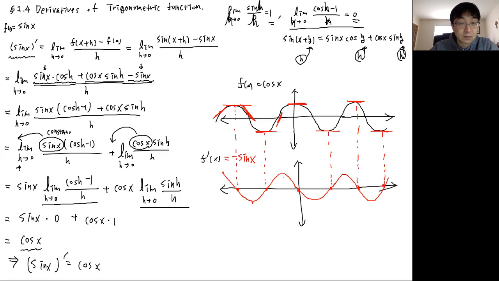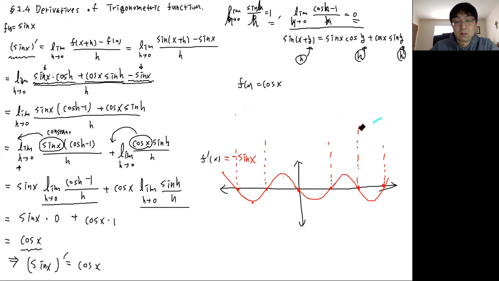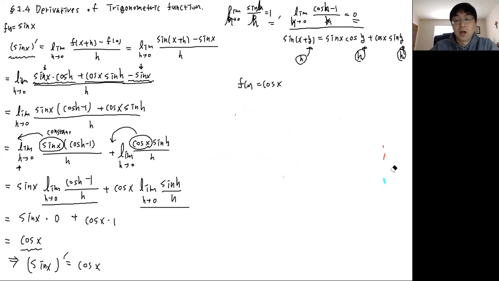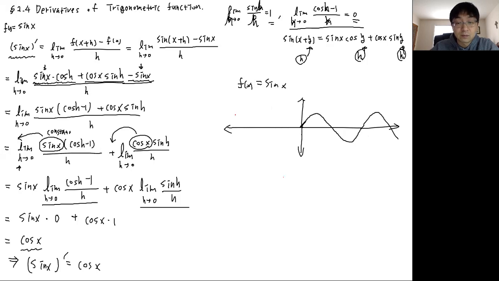For f of x equals sine of x, the graph is like this, and you can draw f prime of x.